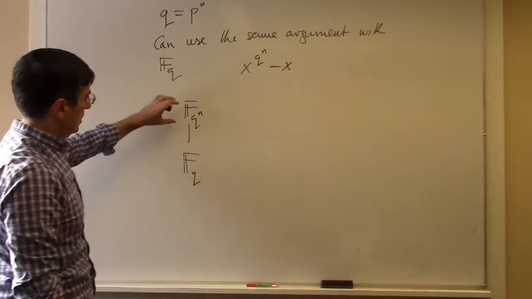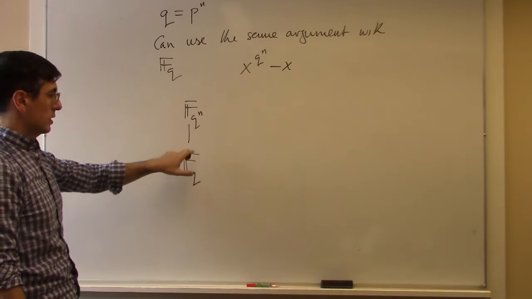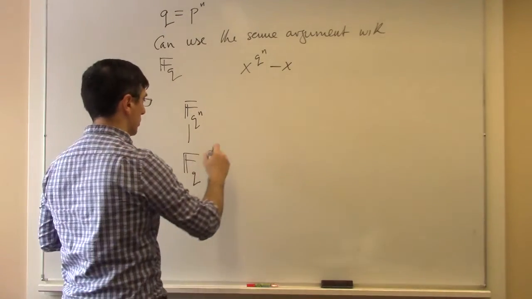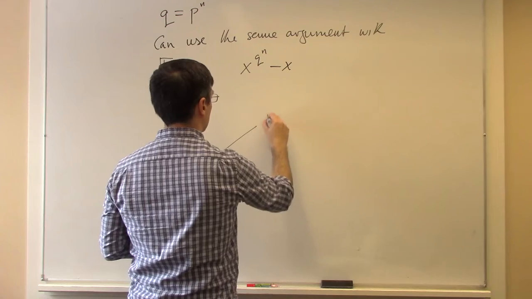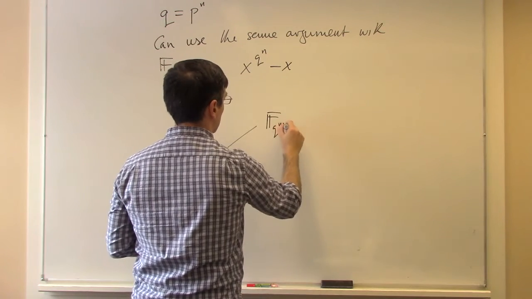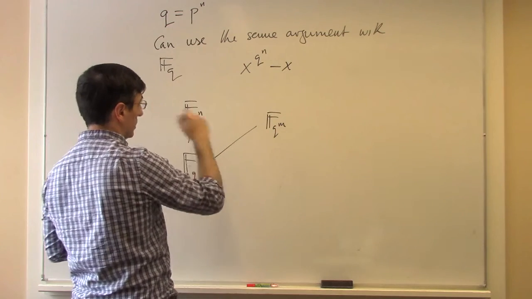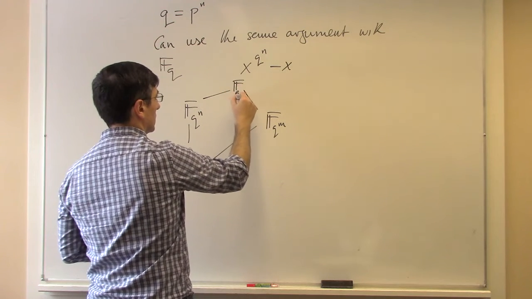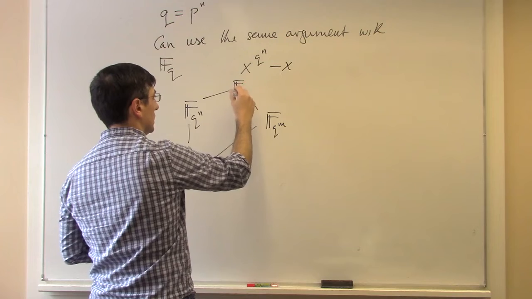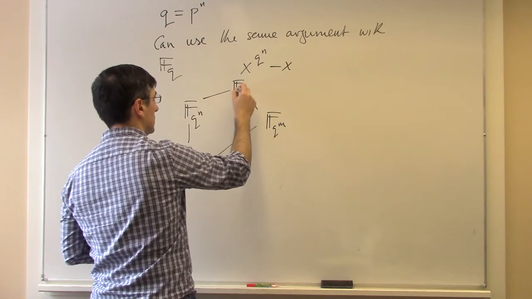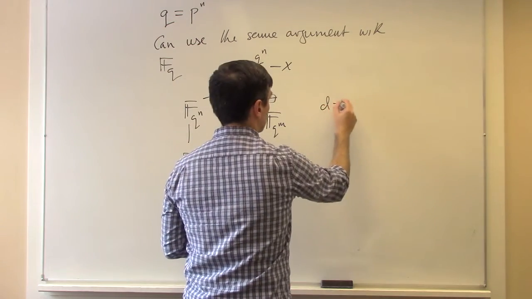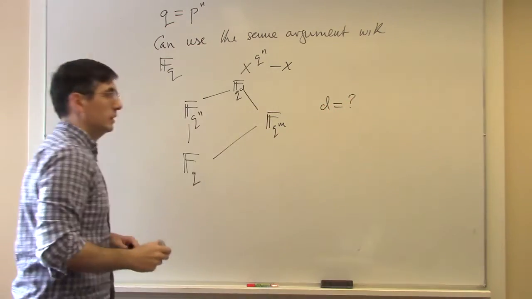You get a finite field of this order, and they kind of sit in a lattice that you can draw. Like you have another F_{q^m}, and then the smallest field that contains both is some D. Then I will leave it to you to figure out what this D is.